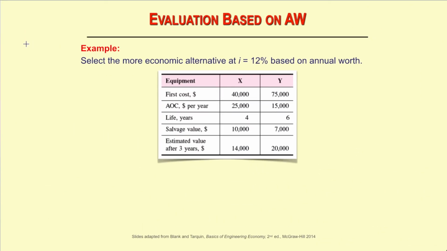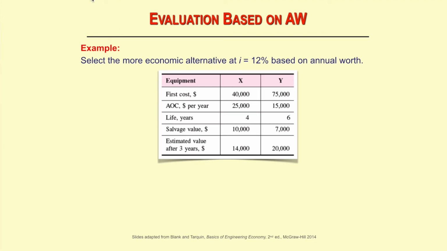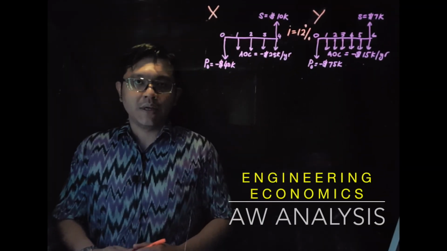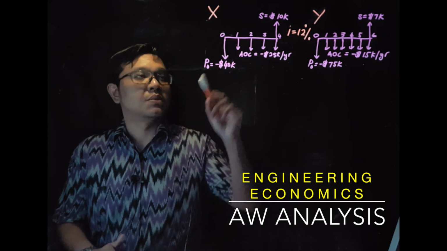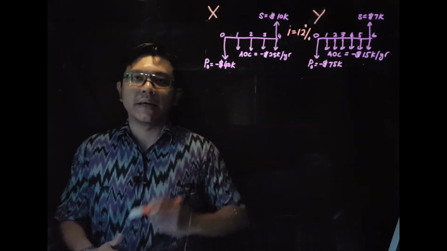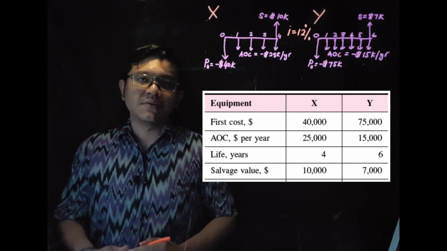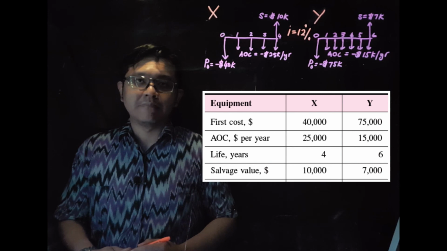Now let's try this example to apply annual worth analysis to compare two different alternatives. We have two different equipments, equipment X and equipment Y, and each equipment has its own first cost, annual cost, salvage value, and operating lifetime.